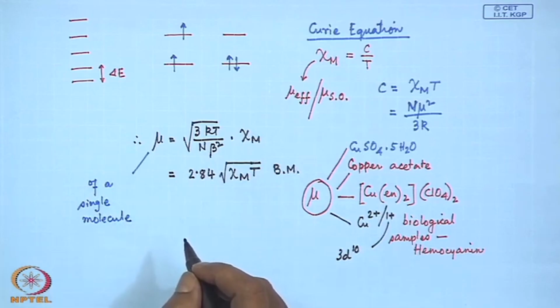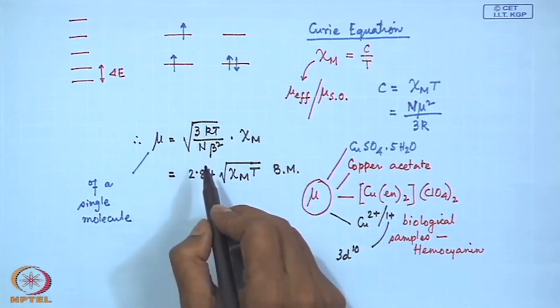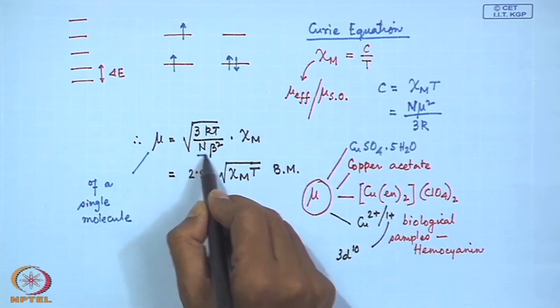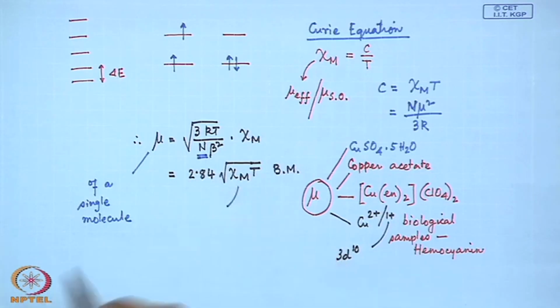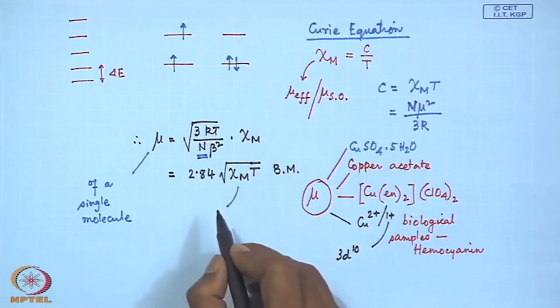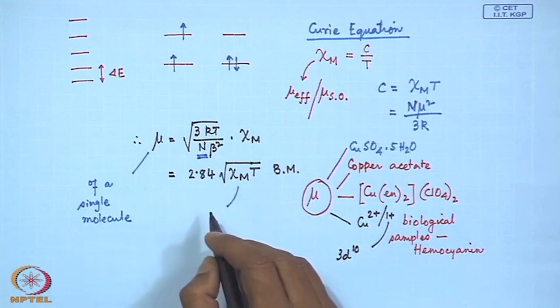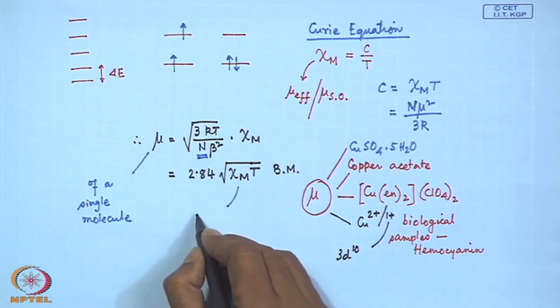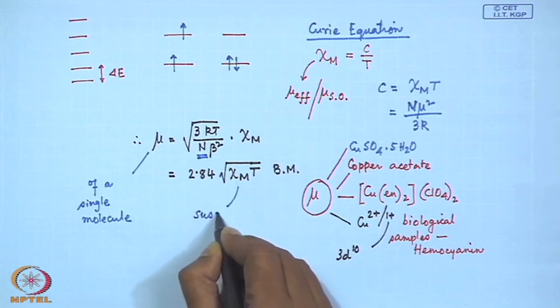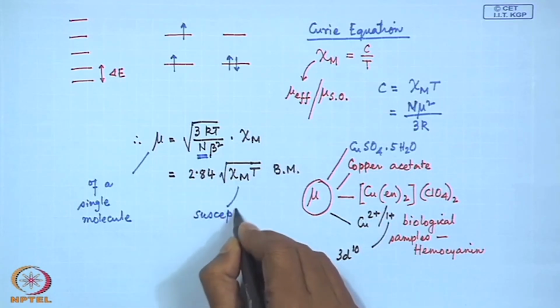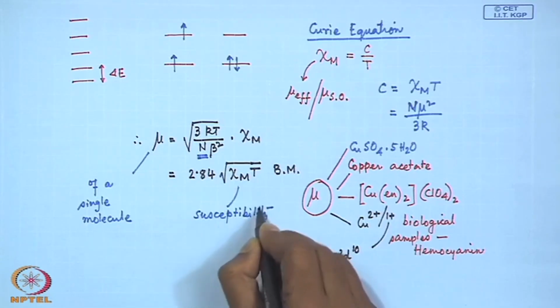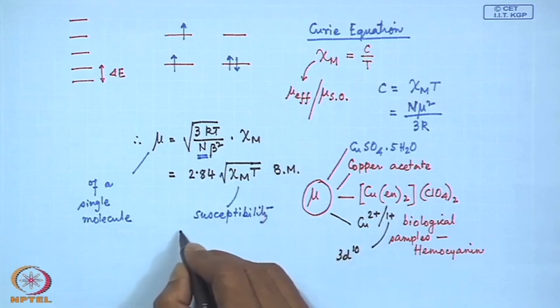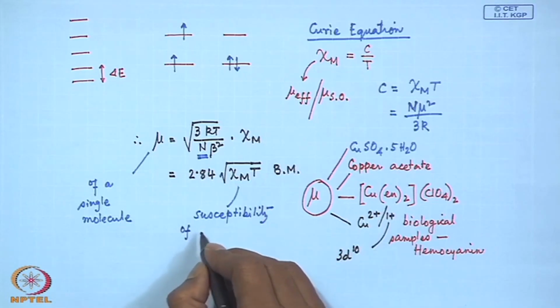Since we have utilized the corresponding N value, the Avogadro number, in the expression, this susceptibility term in this equation is nothing but the corresponding susceptibility of one Avogadro number of molecules.